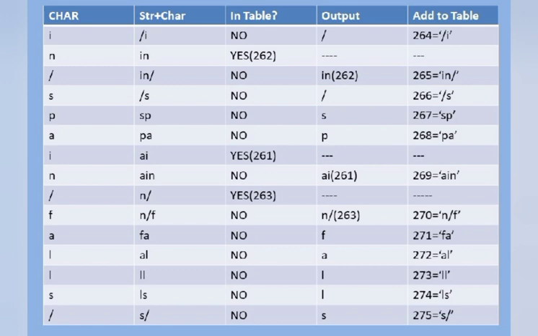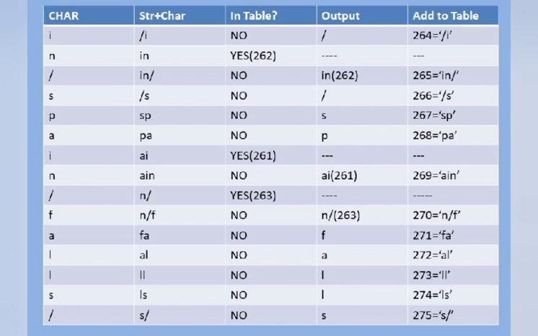After i, we will encounter n, and the string will become in. We'll see whether this value exists in our table or not. The answer is yes. It is at position 262.